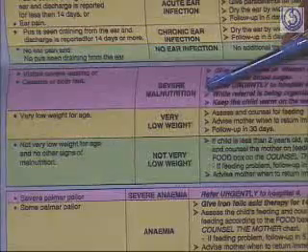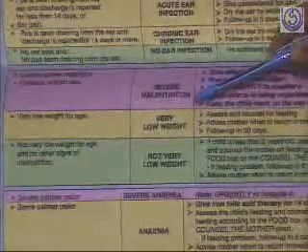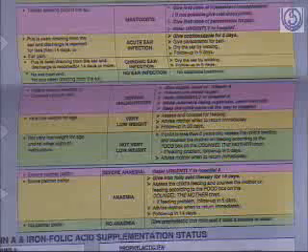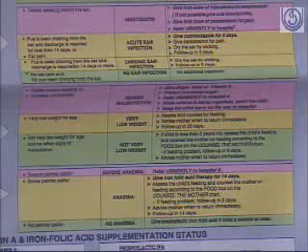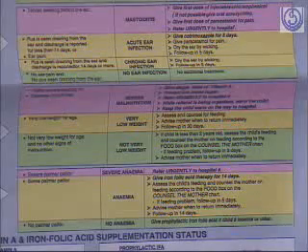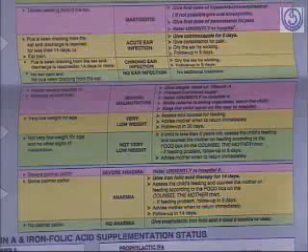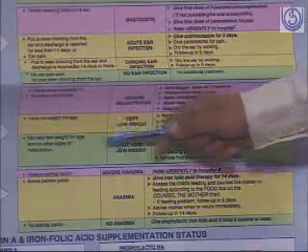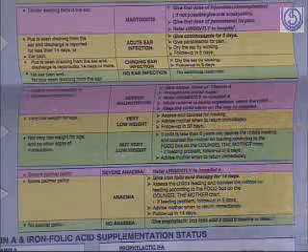Suppose the child does not fit in the pink row, we come down to the yellow row, and if you have plotted the weight and you found that the child has malnutrition grade 2, 3 or 4, then the classification is very low weight. Suppose the child does not have any of these things, you again come down to the green row and you can classify not very low weight.